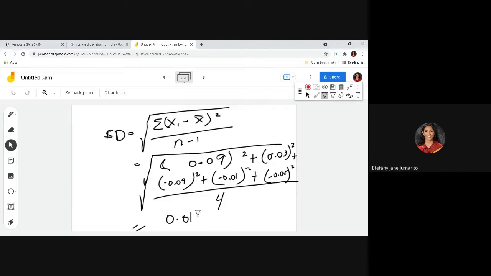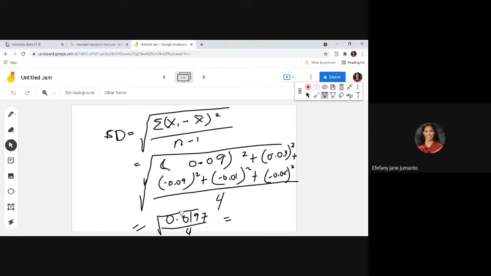0.0197 divided by 4. So what's the answer of this? 0.05, ma'am. Then square root of that one.